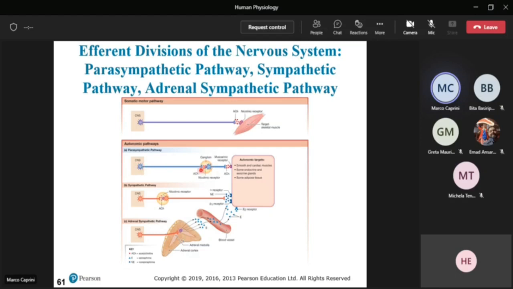The signal is transduced into a chemical signal, and again the chemical signal is transduced to an electrical signal, and then a chemical signal directly to the smooth muscle cells. And the same with the sympathetic pathway.